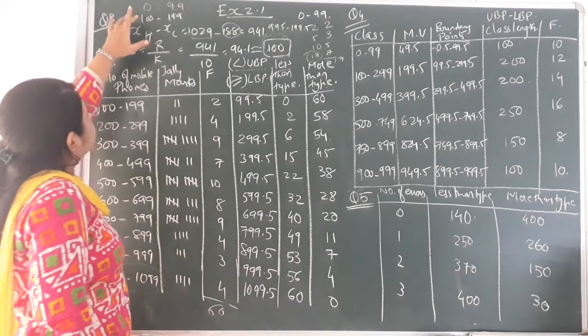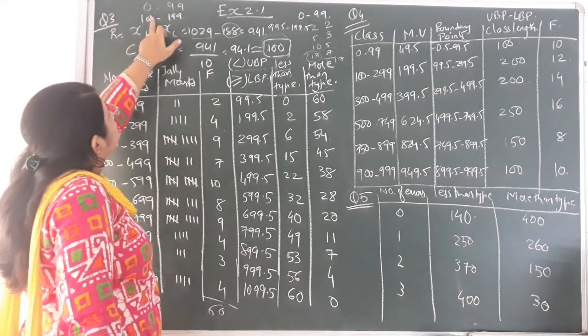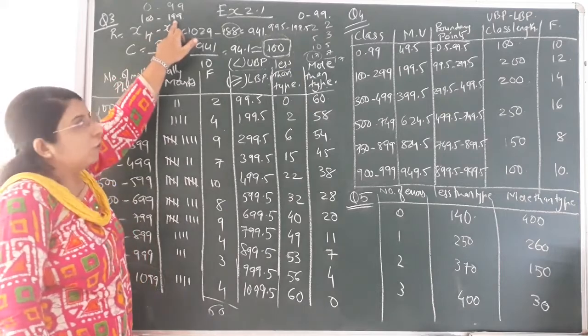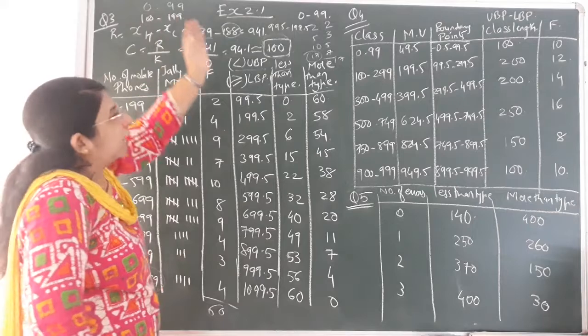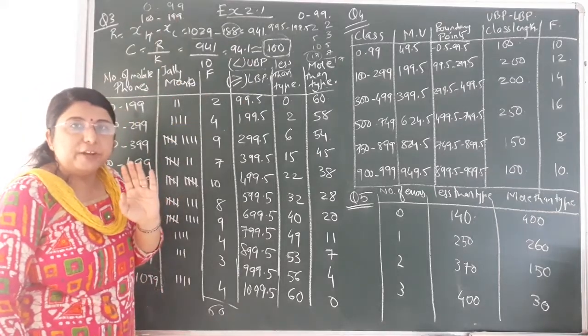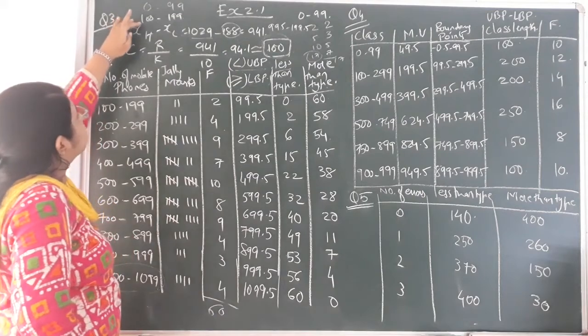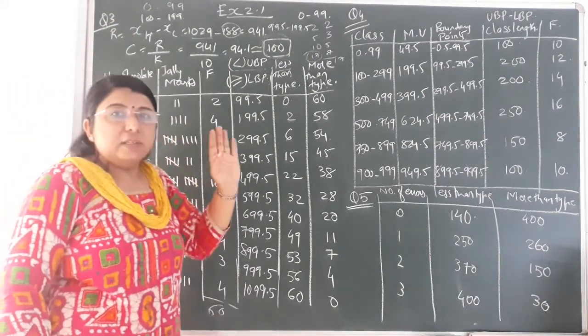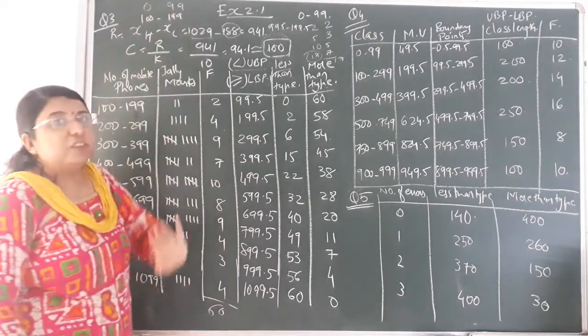Now if we take less than upper boundary point, if we take 199 or 199.5 over here, then it will include values less than 199.5, but it will not include any of the values that are less than 100. So to include those values we have to take the previous class.